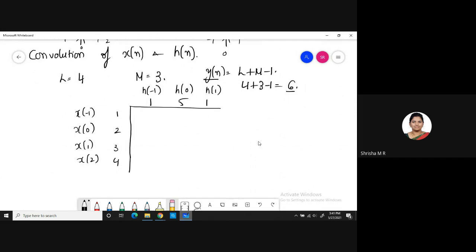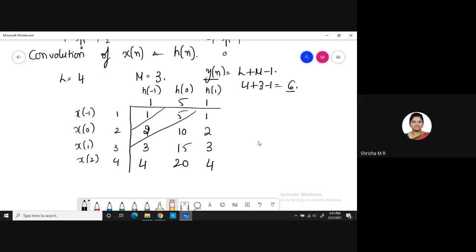So 1 into 1 is 1, 1 into 5 is 5, 1 into 1 is 1, 2 into 1 is 2, 2 into 5 is 10, 2 into 1 is 2, 3 into 1 is 3, 3 into 5 is 15, 3 into 1 is 3, 4 into 1 is 4, 4 into 5 is 20 and 4 into 1 is 4.